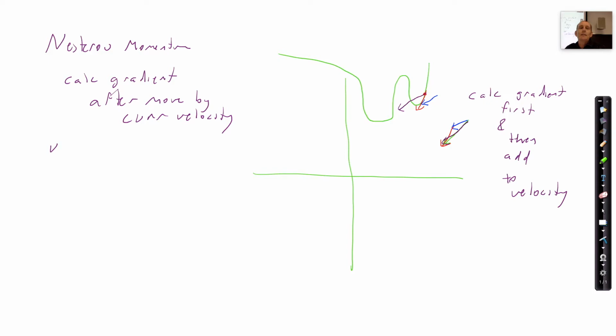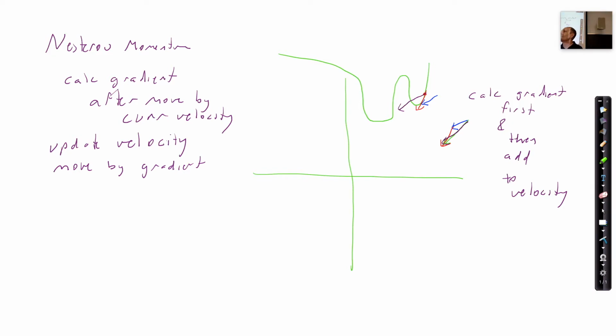And then update the velocity, and move by the gradient. So first we move by the current velocity, we calculate the gradient, we update the velocity, and we update our position again, right? So we do 2 moves separately.